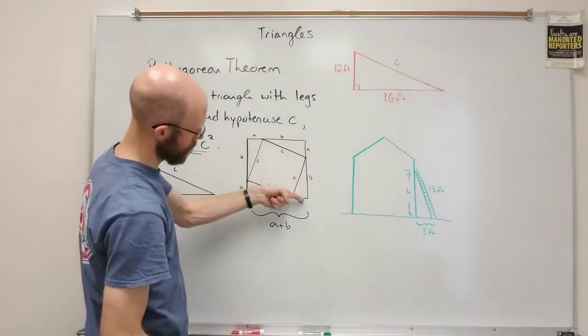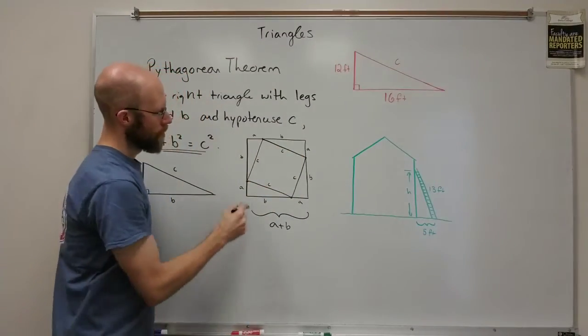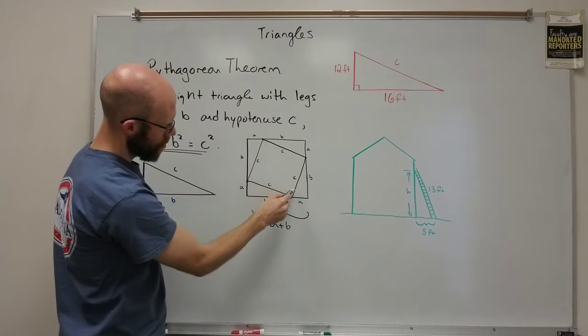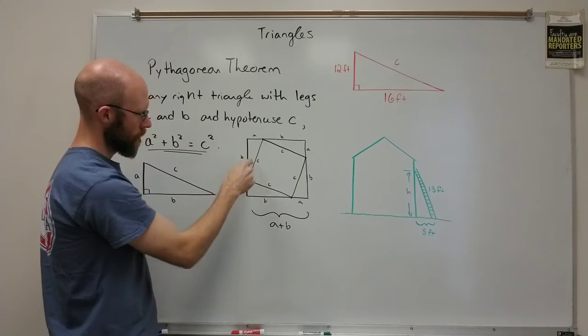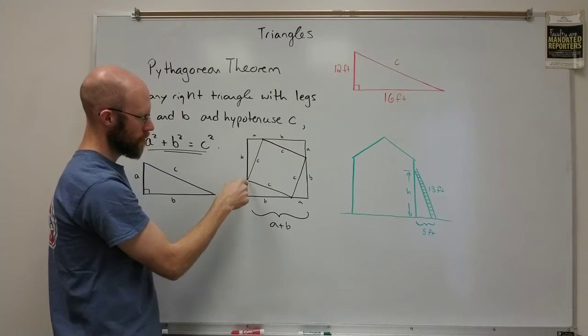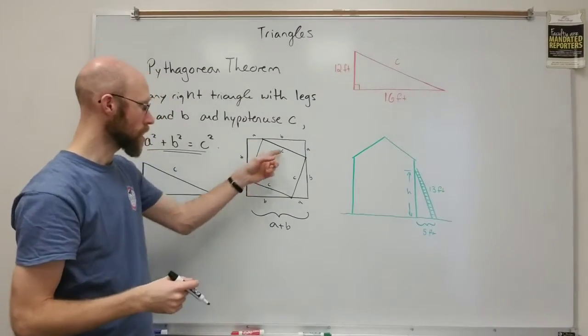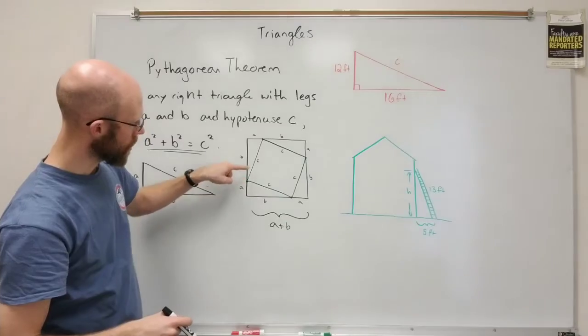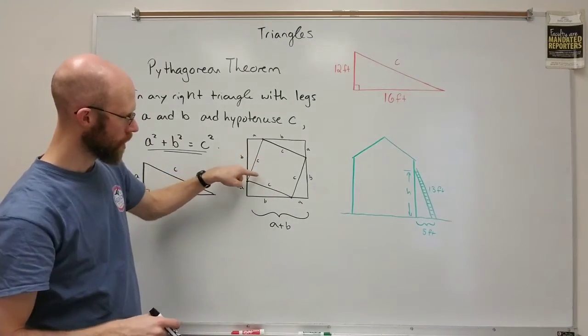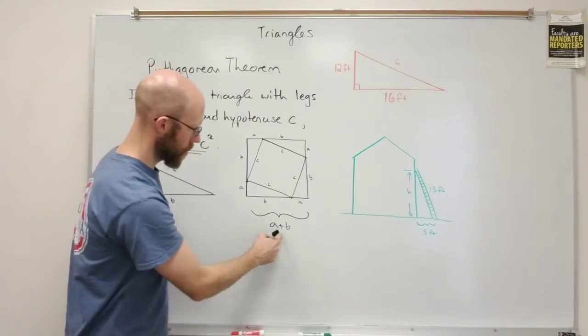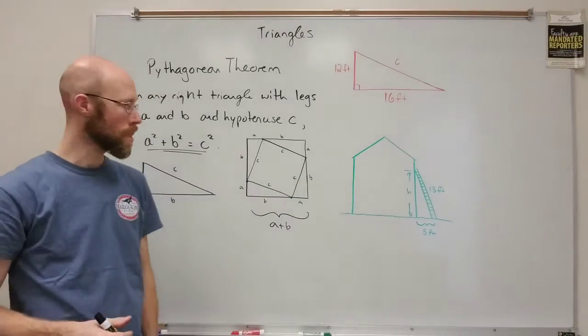Then A, cut it, B, and so forth. Then you can connect those divisions by line segments, and we'll call those sides C. So what you get is a square on the inside whose side length is C, and a square on the outside whose side length is A plus B.